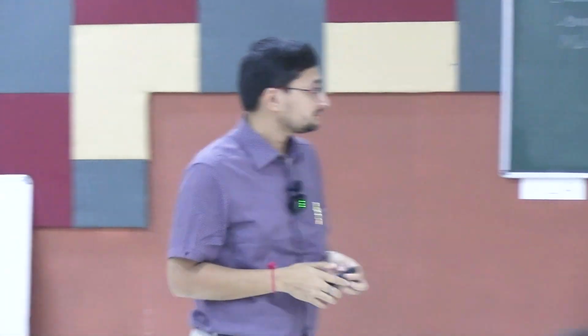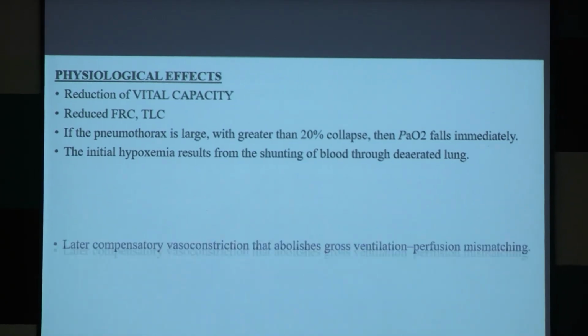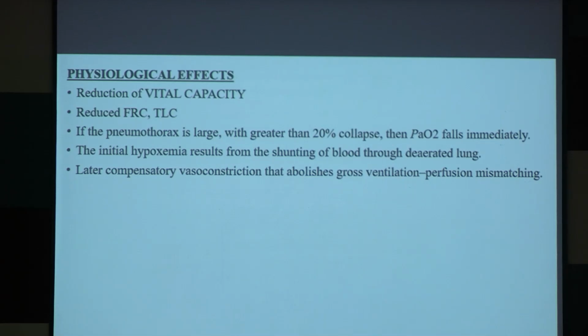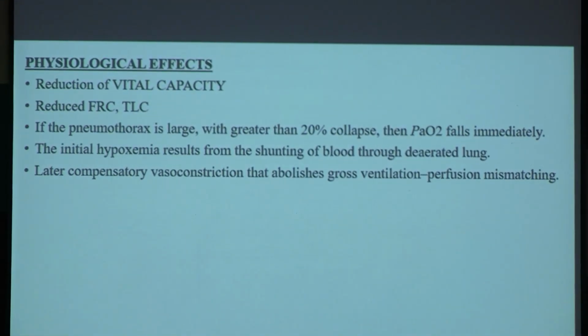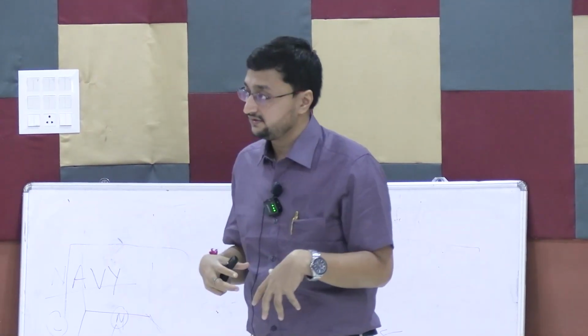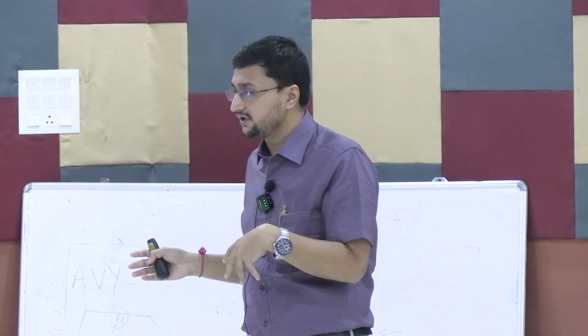But if it is not a large pneumothorax or it is not a secondary spontaneous pneumothorax, compensatory vasoconstriction occurs at the later stage, which abolishes the VQ mismatching. But this is not in case of secondary spontaneous pneumothorax, because the lung parenchyma is already damaged by COPD, by other chronic lung disorder.